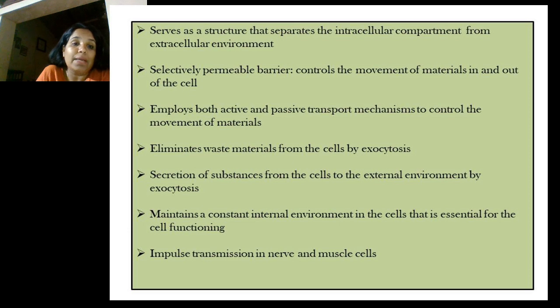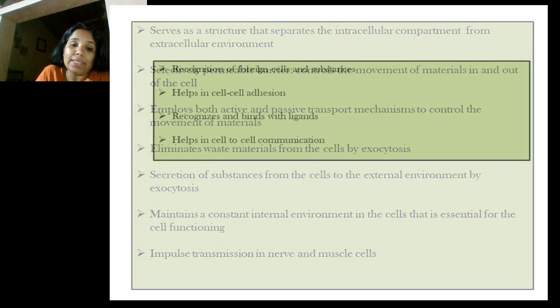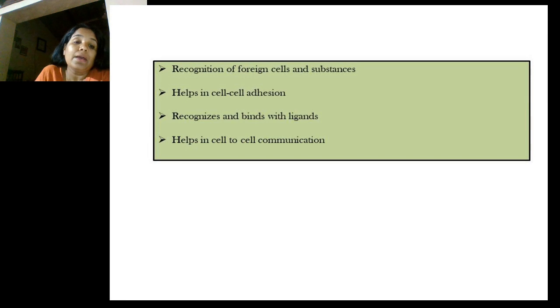Another function of plasma membrane is impulse transmission. This does not occur in each and every cell. It takes place exclusively in excitable cells like neurons and muscle cells. We know that the impulse or action potential that is formed inside the cell will move from one point to another. This propagation of impulse takes place only due to the movement of ions in and out of the cells, that is neuron or muscles, through plasma membrane.